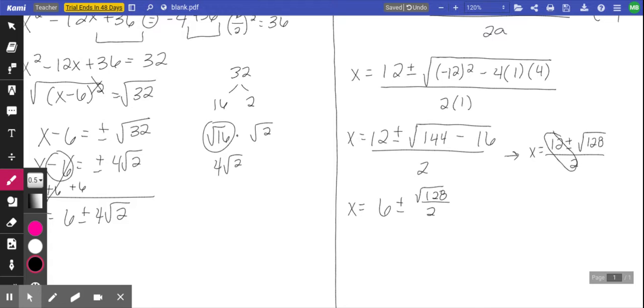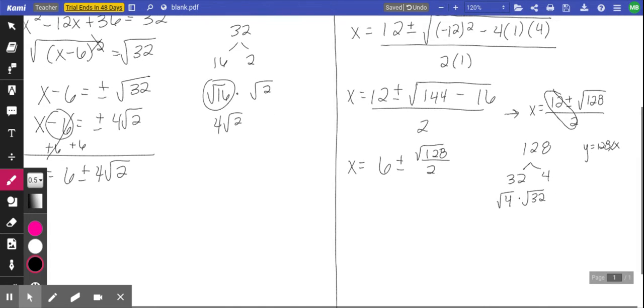So factors of 128, if you're unsure, you can use your calculator. You can do y equals 128 divided by x. And I found that 128 is divisible by 32 and 4, which is good because 4 is a perfect square. So then now this is the square root of 4 times the square root of 32, and the square root of 4 is 2.